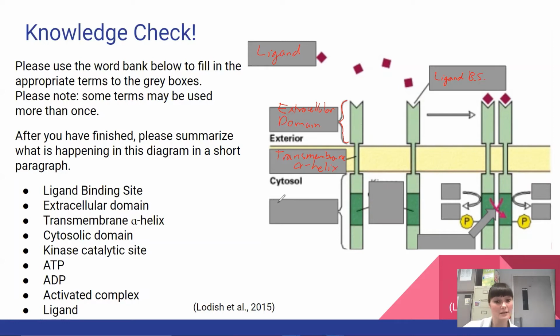This is the cytosolic domain. And the catalytic site. Then here, this process with the curvy arrow is going to represent ATP becoming ADP and phosphorylating that activated complex.